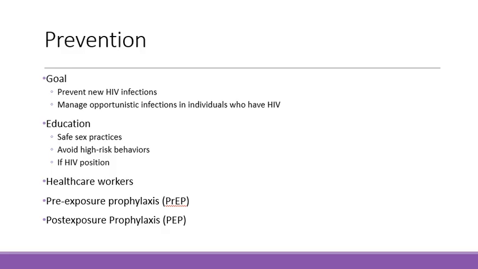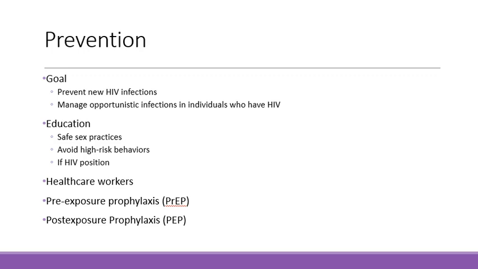Use standard precautions when caring for HIV positive mothers and infants. We won't know the infant's HIV status until after they've been discharged, so we just have to use standard precautions with them.